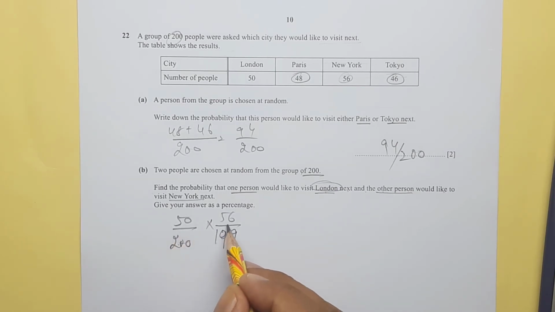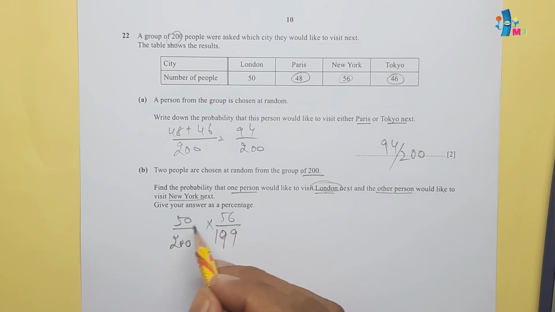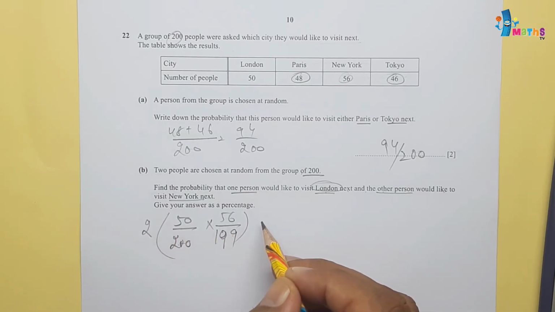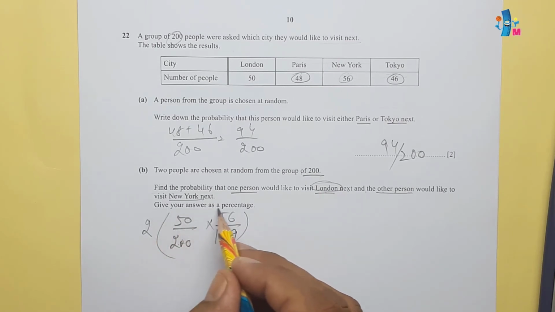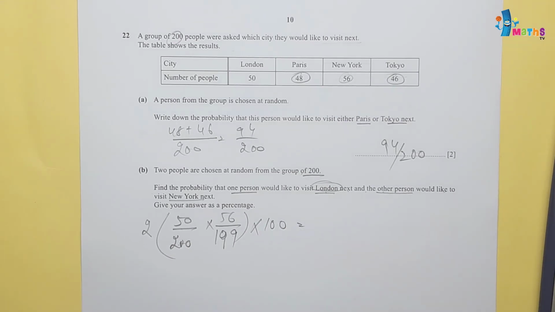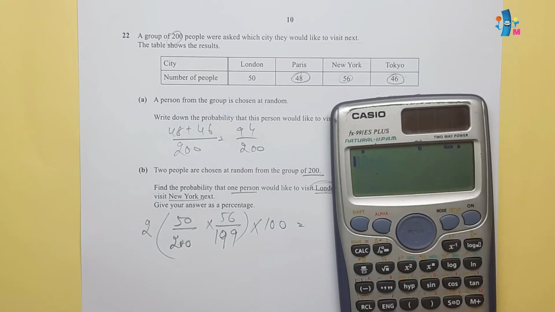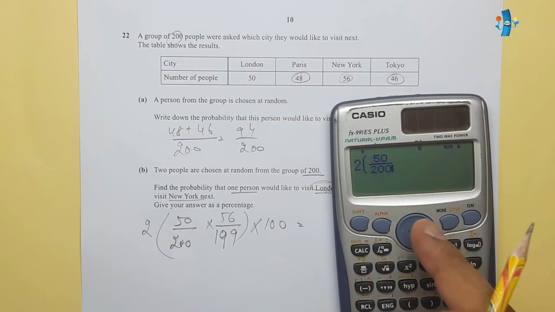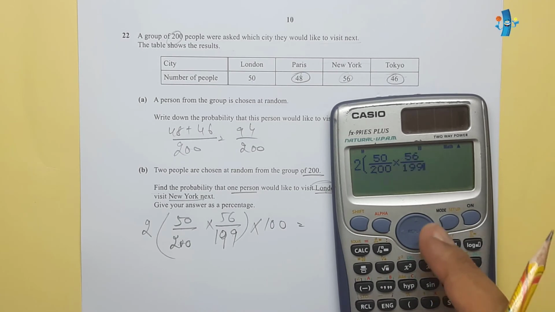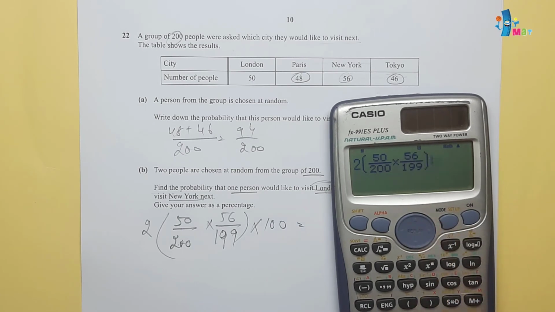Now there can be two options. This can be the second one and this can be the first one, so we can multiply by 2. And we have to calculate the percentage. Give your answer as a percentage, so multiply by 100. We can check this: 2 times 50 divided by 200 and multiplied by 56 divided by 199, then the bracket is closed and multiply by 100.